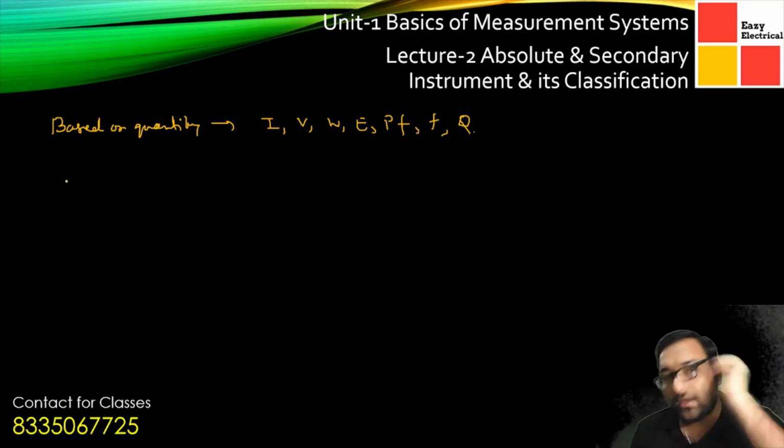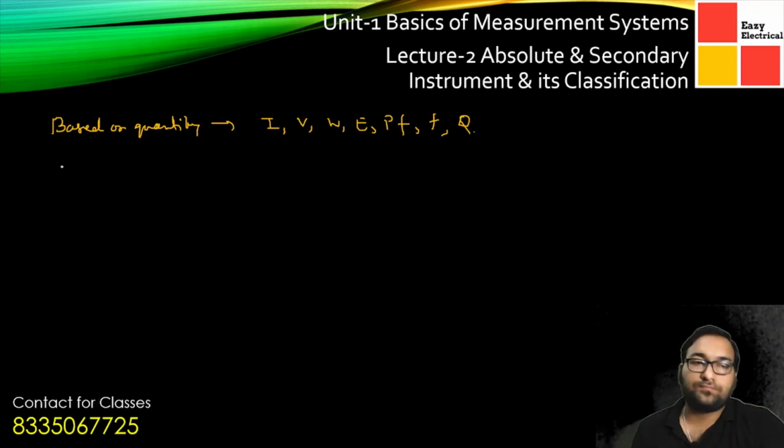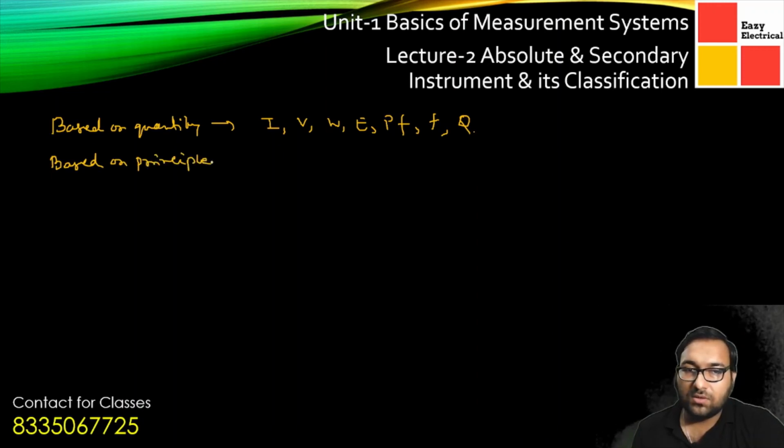And then we had classified based on the effects, that is, based on principle. We had 6 principles you have already seen: the magnetic effect, then electromagnetic induction, then hot wire type instruments, then thermocouple instruments. Like that we had 6 different classifications.